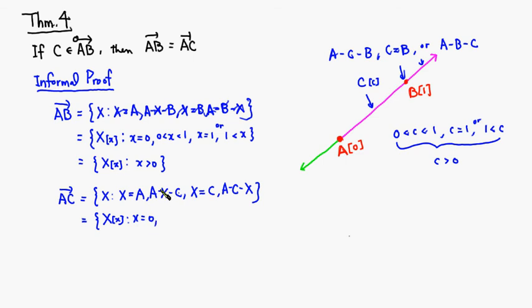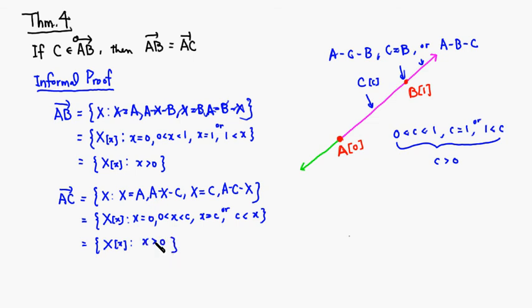Between A and C, so x is between 0 and c. We know c is a positive number. If x equals C, then lowercase x is equal to little c. And if C is between A and x, then x has to be greater than c. If you combine all this, with these being OR, you can see this is just saying that the coordinates are greater than 0.